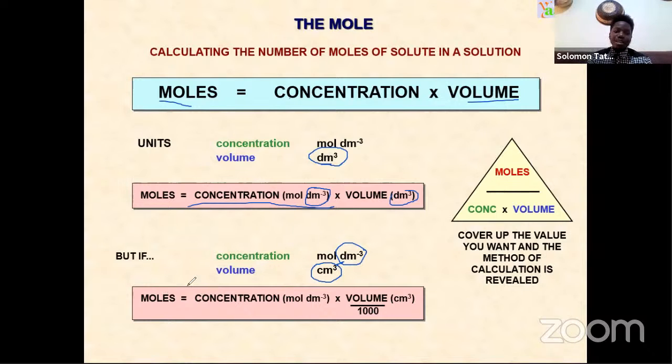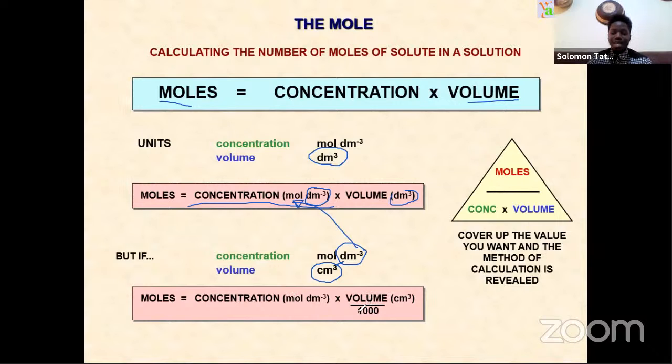Our moles should always be in decimeters cubed because they relate to the concentration, they relate to molarity. So for the moles, in case you're finding them, you always have to involve 1000, because we have to relate them to our concentration. Therefore, when you're finding these moles, you find your concentration multiplied by the volume.